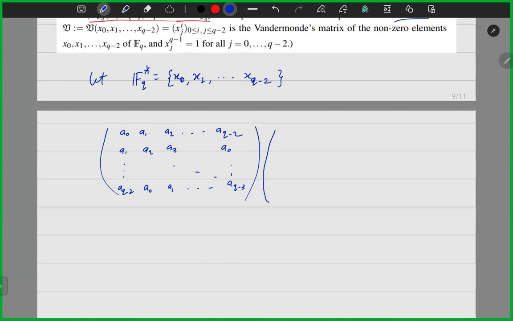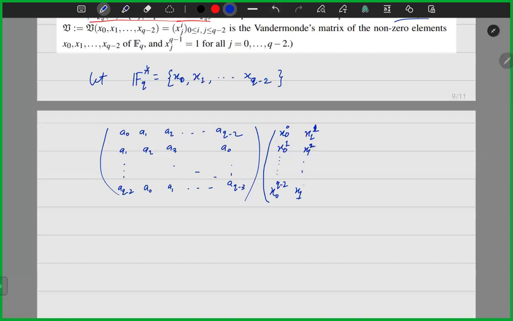Now I'm just writing this matrix: X0 power 0, which is just 1, X0 power 1, and so on, up to X0 power Q minus 2. So if you multiply the first row with the first column, it will become your equation, right? And then X1 power 0, X1 power 1, X1 power 2, and so on.